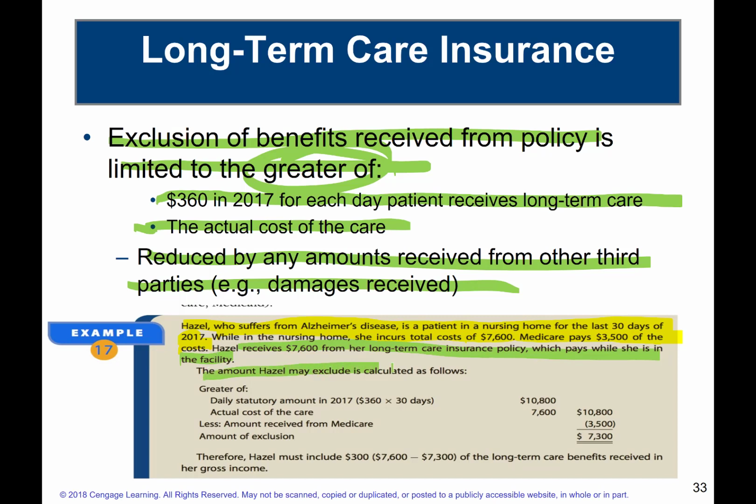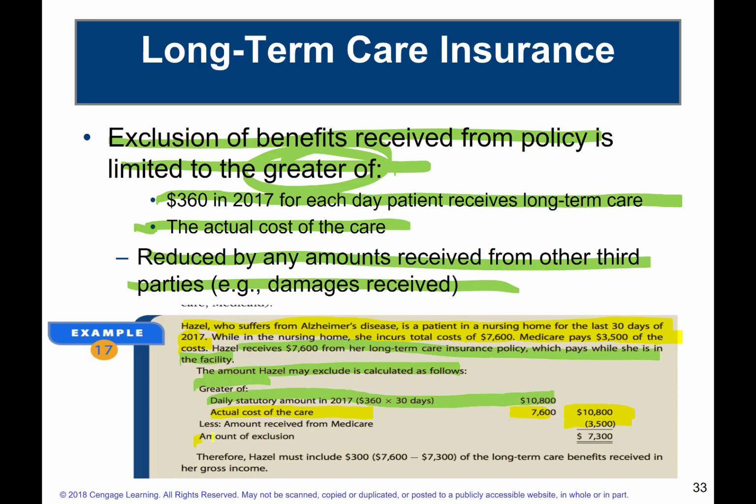Now, the amount that Hazel may exclude, they have the daily statutory $1,080. The actual cost of the care is $7,600. So which one is more? The daily amount. Okay, so we pick up that $1,080 less the amount that she received from Medicare.